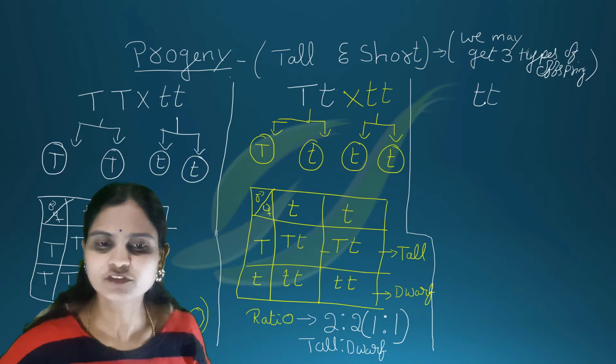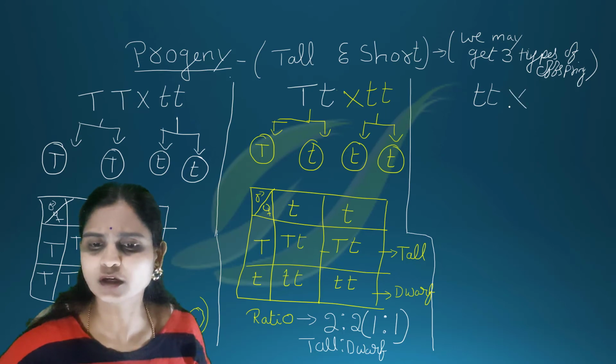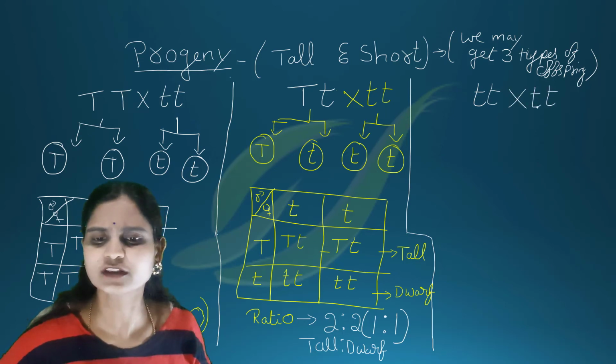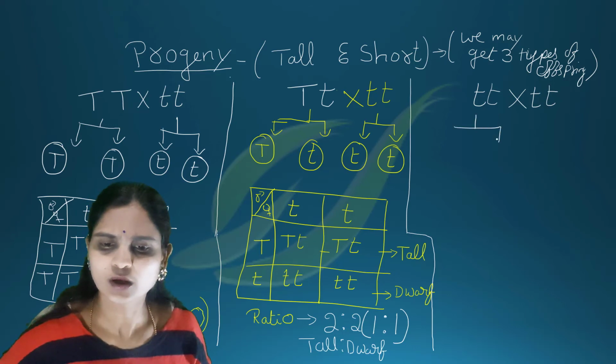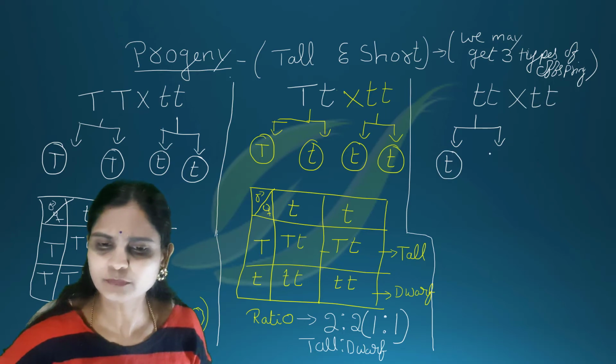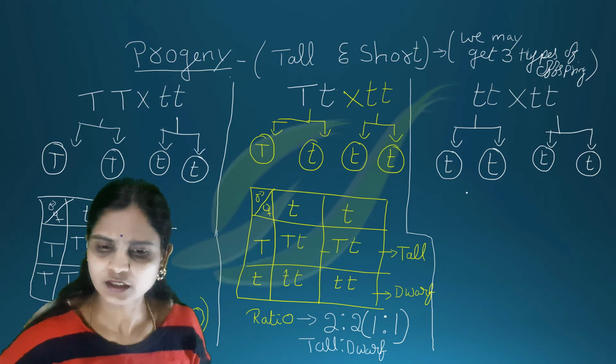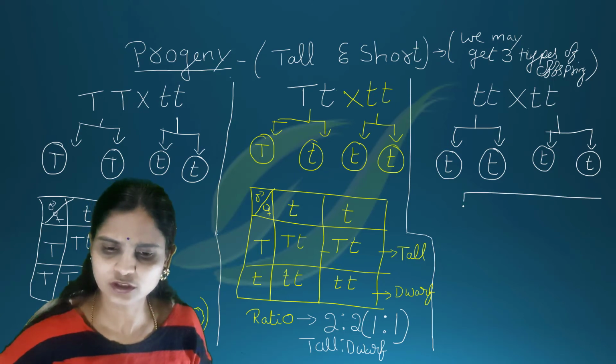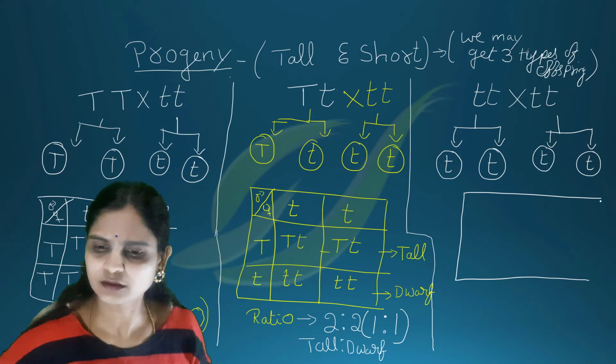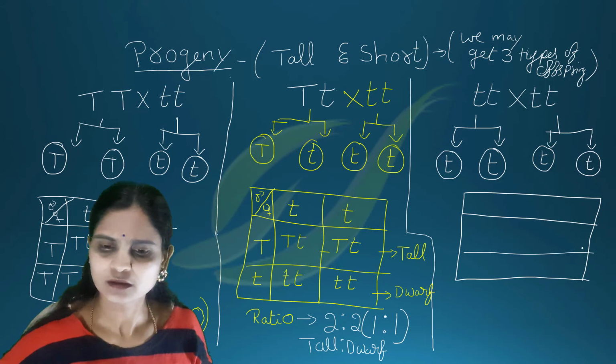Next one is if the progeny is capital T, small t and small t. So recessive with recessive. Here is a very important thing you have to remember: small t you will get here, and the gametes obtained here are also small t. If you write the checkerboard for this, you are going to get plants of the following type.